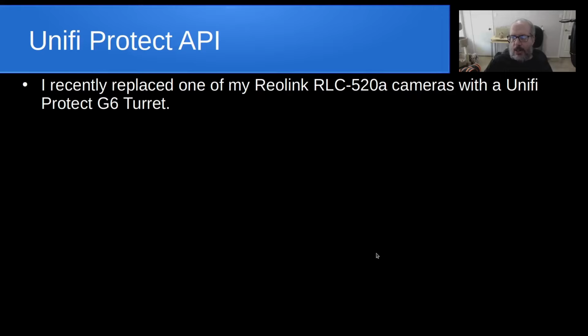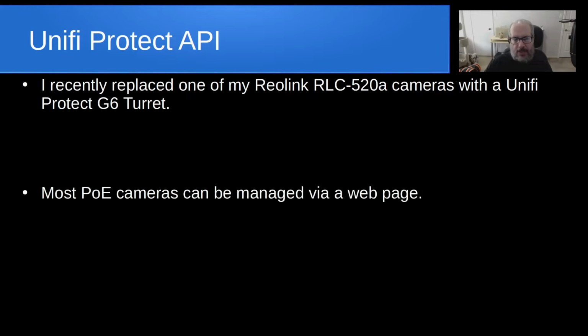And the RLC 520A is a 2K camera, and it actually provides some pretty darn good resolution. But the G6 line of Unifi cameras all have 4K video, and their performance is really fantastic. And I want to talk about some of the things that are different about them.